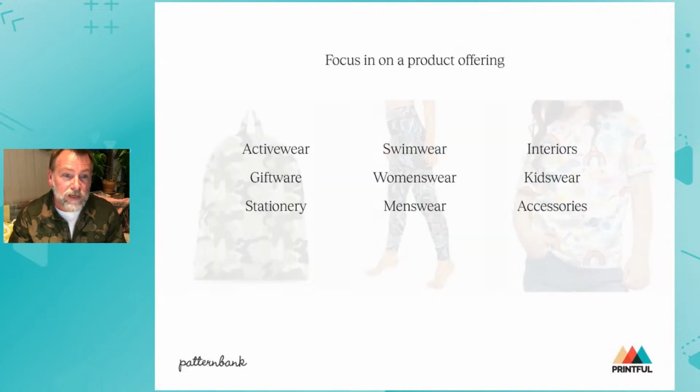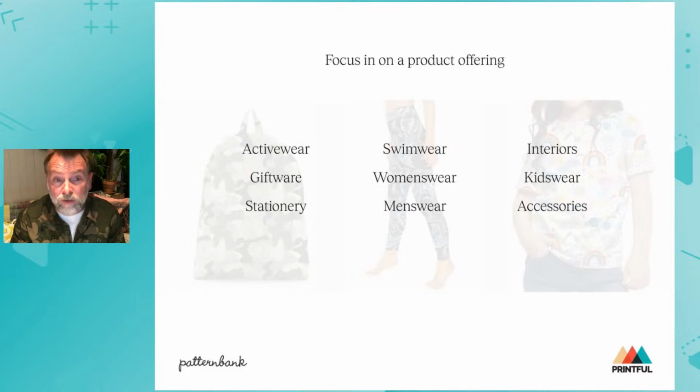There's also the question of what product offering you do. You could go and do everything, but I wouldn't advise that, and I don't think it's a good way to go forward. What you want to do is focus on a certain product category, whether it's activewear or swimwear or interiors or kidswear, and then really focus on that, and that will help you work out what pattern will be the best to choose and use in your product.